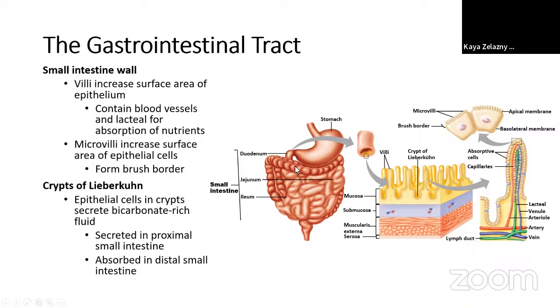Now, we are also going to have crypts here in the small intestine. In the stomach, we had gastric pits producing enzymes. Here we're going to have crypts of Lieberkühn. What they're going to be doing is secreting a fluid that's really rich in bicarbonate ions.